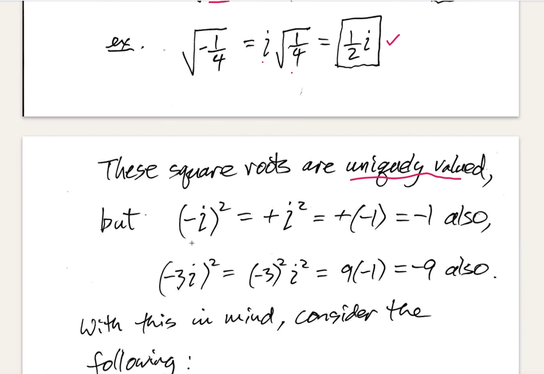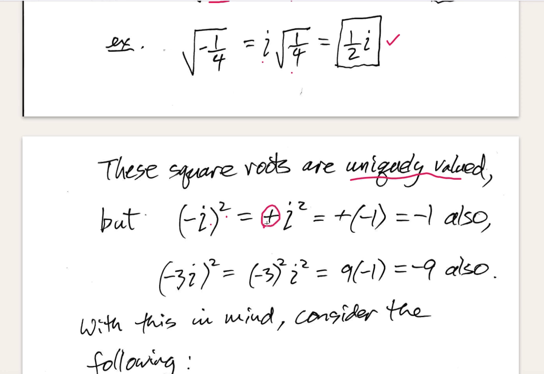But I do want you to notice here that if I have (-i) squared, and I'm expecting these numbers to follow the same rules as regular real numbers, then (-i) squared should be (-1) squared times i squared. But (-1) squared is +1, right?